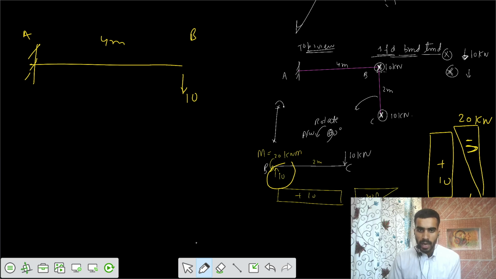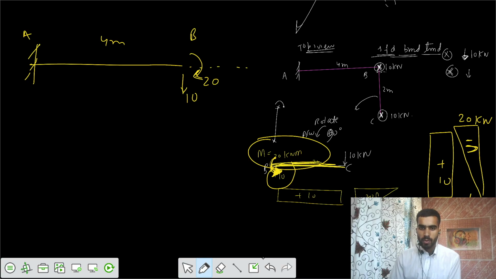There was an anti-clockwise moment of 20, and on the other part there would be clockwise 20. This was the moment for BC, but for AB it would be torque, because it is acting on this line.